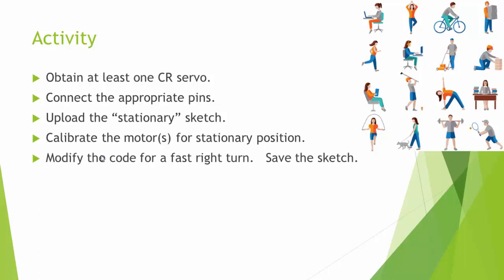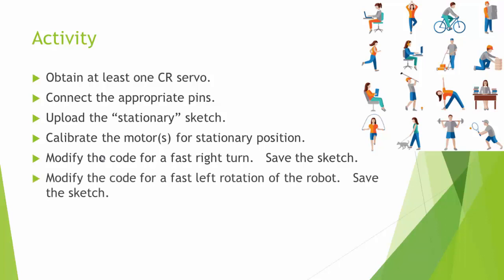Then once you're done that, you can modify the code for a fast right turn, assuming that your CR servo is connected to a robot, and save that sketch. Then you can modify the code for a fast left rotation of the robot and save that sketch. What I'd like you to do is notice the difference between these sketches.